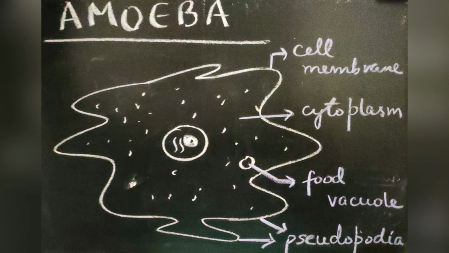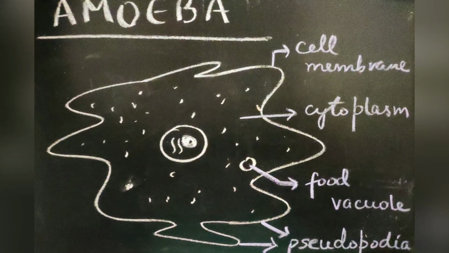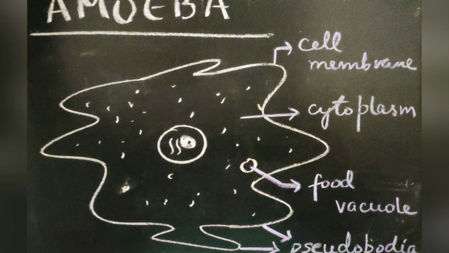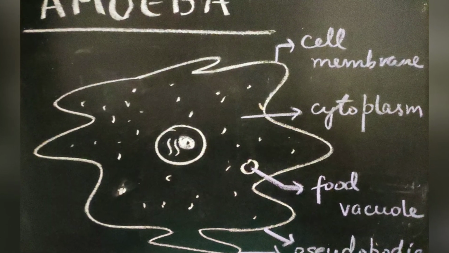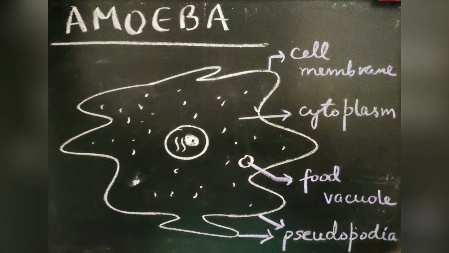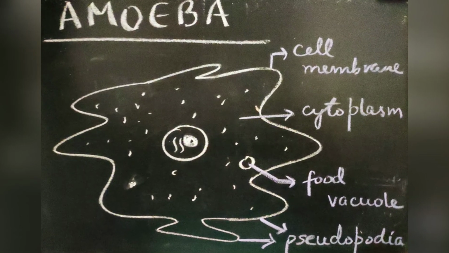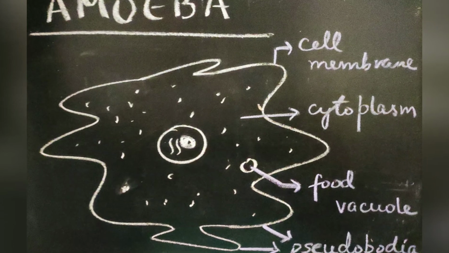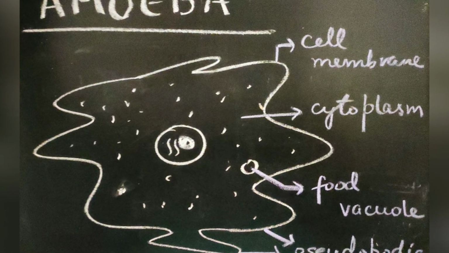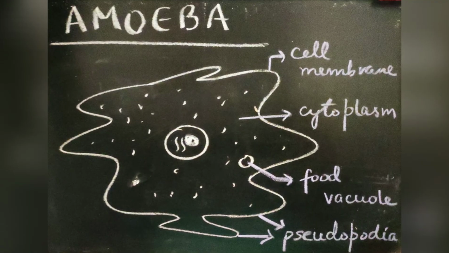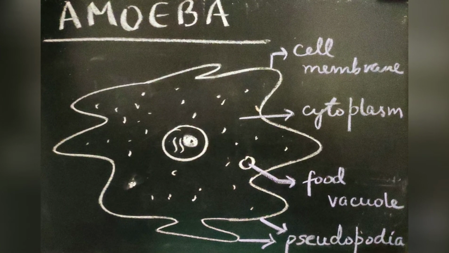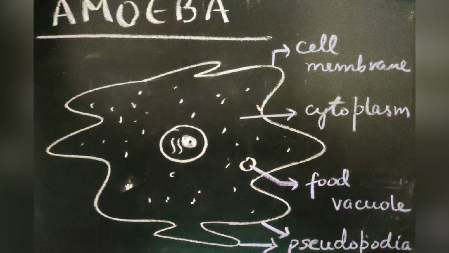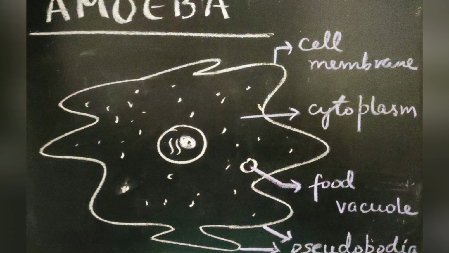The cell membrane, which forms the outermost boundary, cytoplasm, which contains the cell organelles, food vacuole that helps in digestion of food, and pseudopodia, which is also known as the false feet, which helps amoeba in locomotion and capturing food.